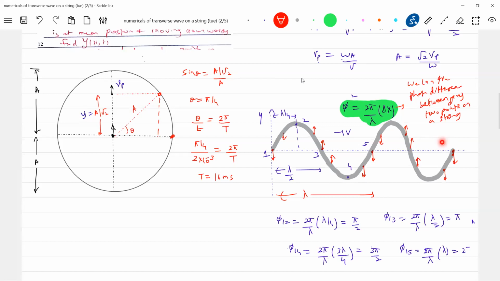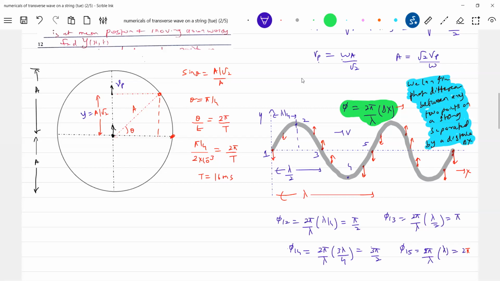Between any 2 points on a string separated by a distance. Okay, fine. So this is the data. Let me share this also. Very, very important. So many concepts in the coming chapters will use this small elemental data. I'm just putting it near the diagram so that students can manage very easily.